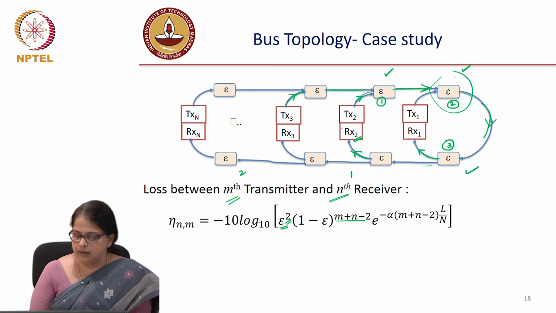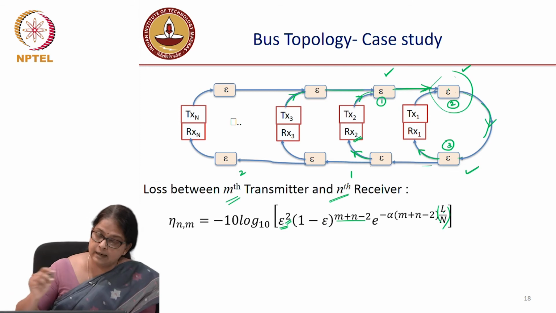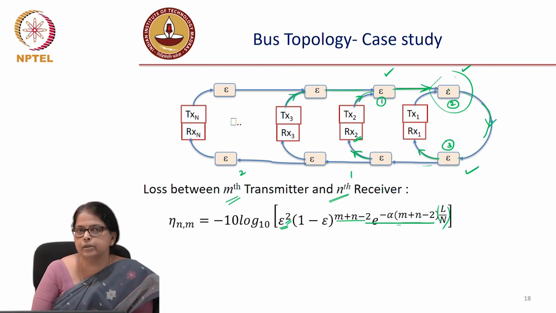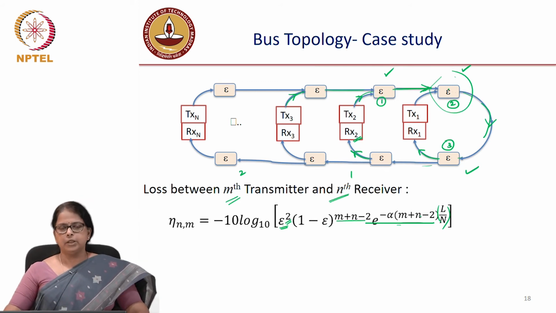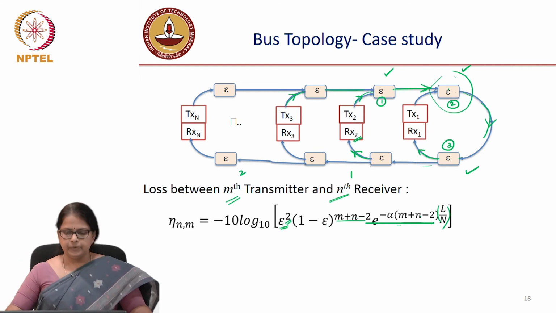So in general, the loss introduced by the fiber is L by N, where L is the length on one side, and because of the number of segments in the fiber, if you generalize, it will come out to be m plus n minus 2 L by N, right? So this is the loss between the mth transmitter and the nth receiver.